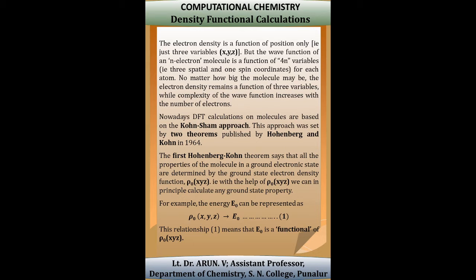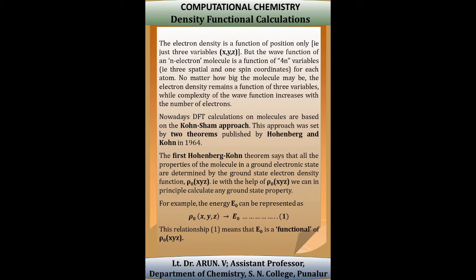The first Hohenberg-Kohn theorem says that all the properties of the molecule in a ground electronic state are determined by the ground state electron density function, that is rho 0 xyz. That is, with the help of rho 0 xyz, we can in principle calculate any ground state property of a system or of a molecule.